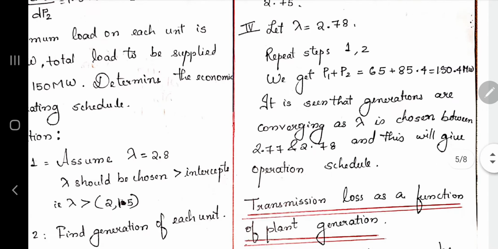For 2.78, we repeat steps 1 and 2. We get the values for P1 and P2 as 65 and 85.4, and the total generation is now 150.4. It is now approximately equal to the required load demand of 150; there is a small error of 0.4. So it is seen that the generators converge for a lambda value between 2.77 and 2.78.